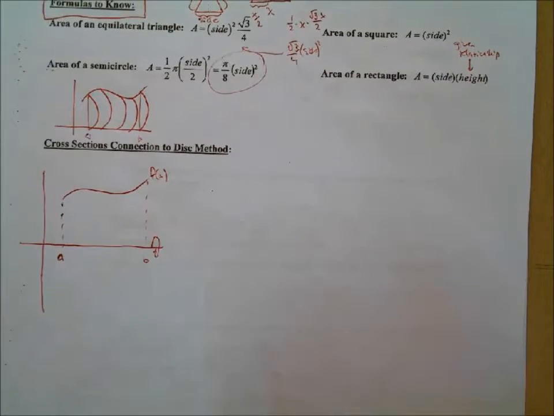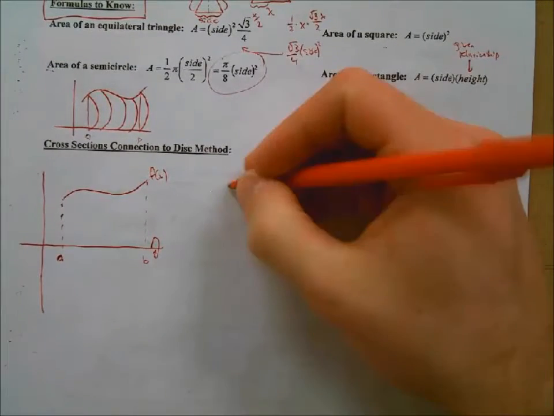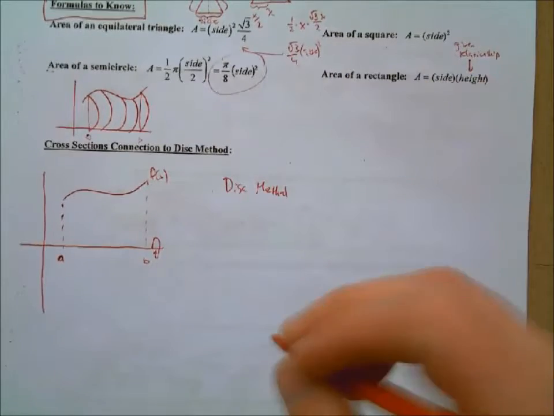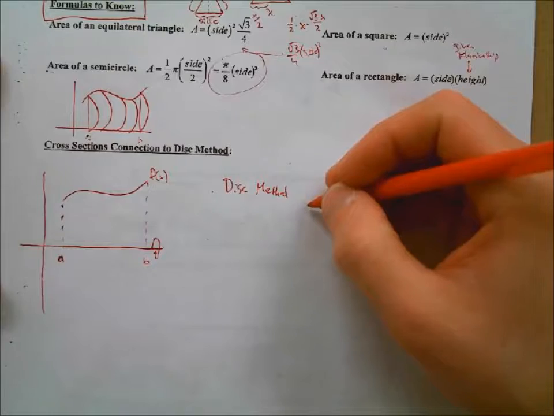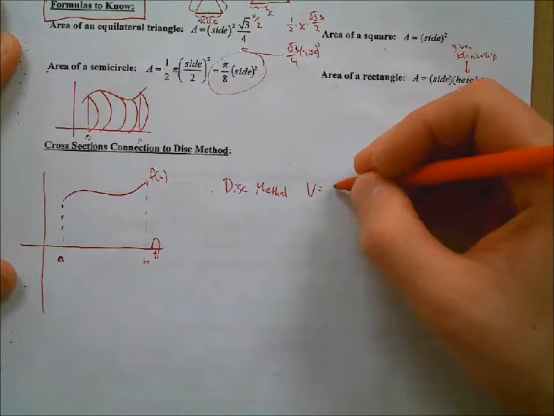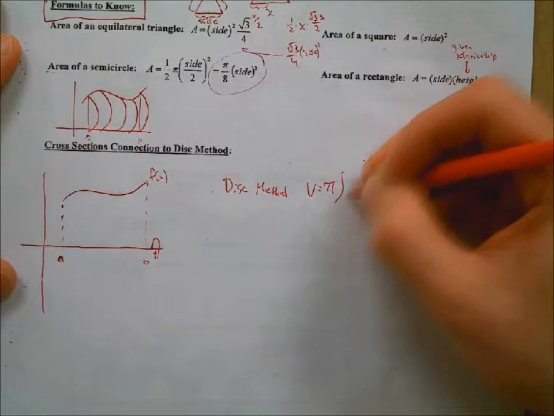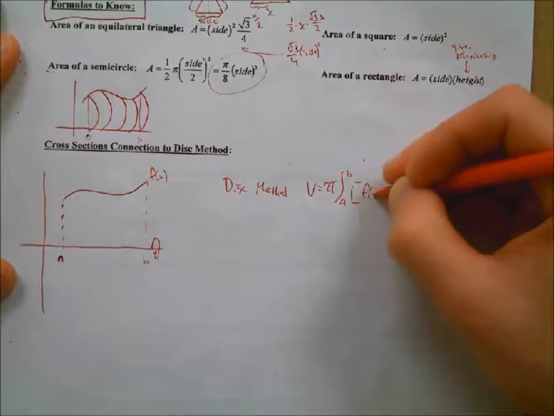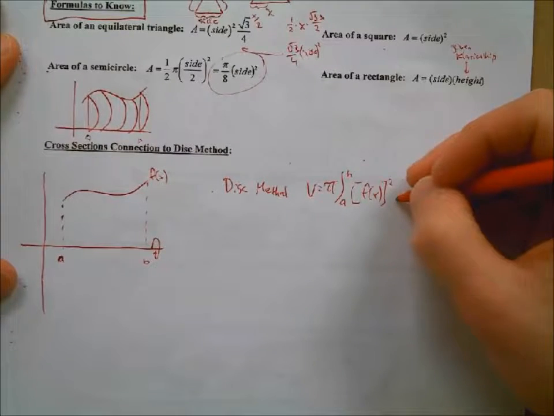So this is going back to stuff we did before. According to the disk method, if we rotate this about the x-axis, the volume will be pi times the integral from a to b of f of x squared dx.